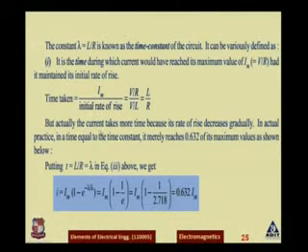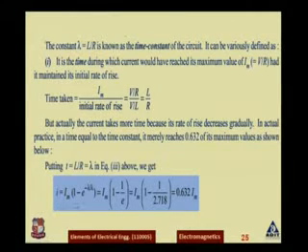But actually the current takes more time because the rate of rise decreases gradually. In actual practice, in a time equal to the time constant, it reaches up to 0.632 of Im. How does this 0.632 come? Let us see. T is equal to L by R, which we have denoted by lambda.